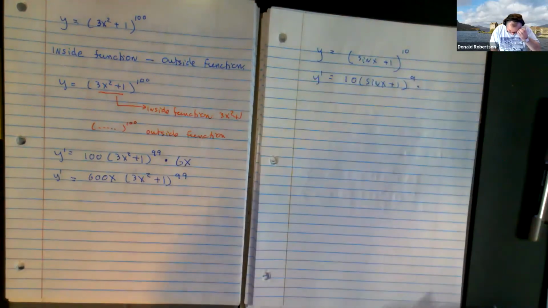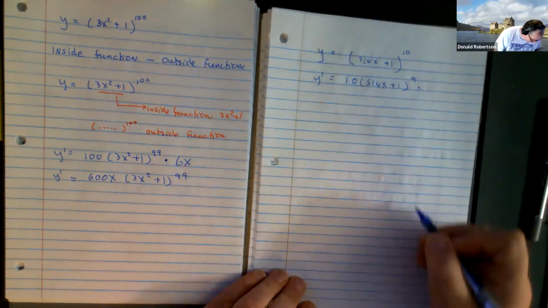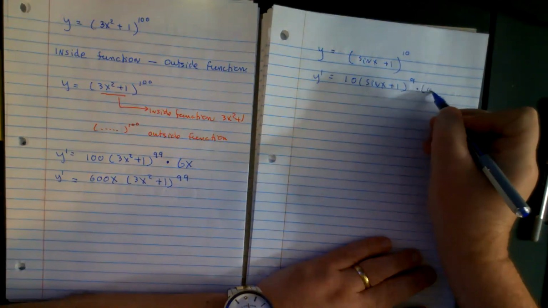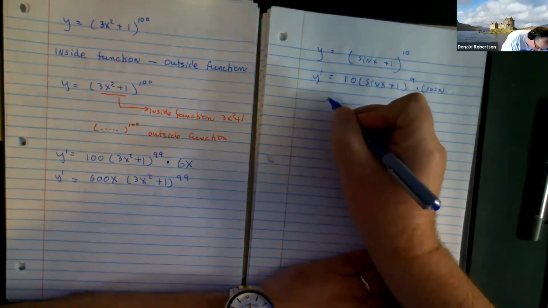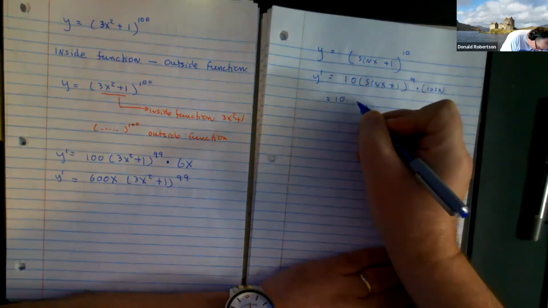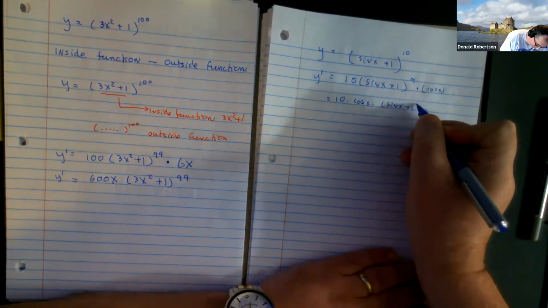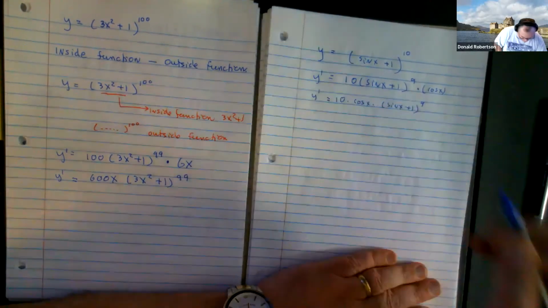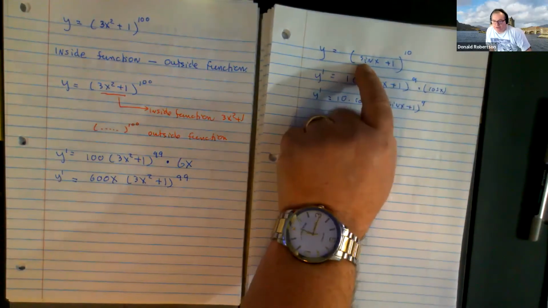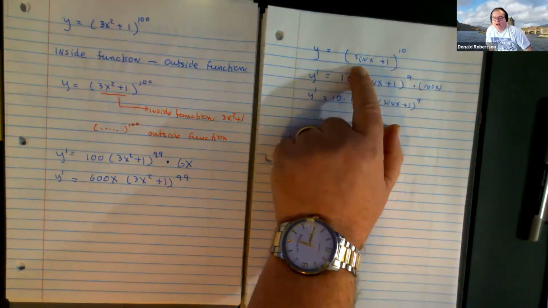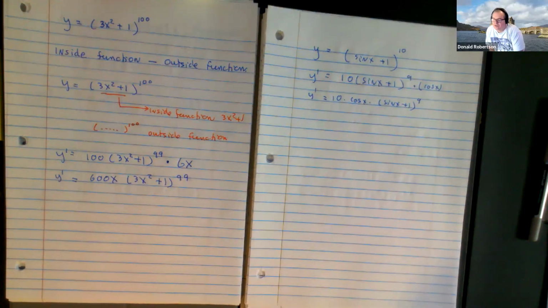What is the derivative of sin x plus 1? Cosine x. Correct. And you want to make things pretty: 10 times cosine x times sin x plus 1 to the 9. Now, if you look at the original question, I'm amazed even today at how elegant that solution is. Isn't it relatively quick to do? I mean, they'll get harder, but right now it's relatively quick.